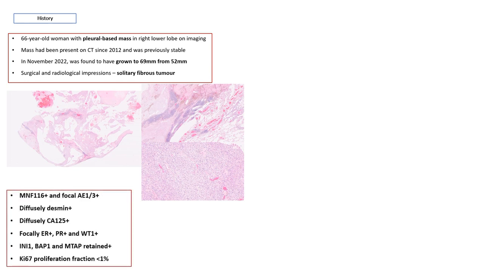A third case of a long-standing cystic mass in the pleura with spindled and epithelioid morphology and some clear cell changes. Positive staining for cytokeratins as well as WT1, but also weak hormone receptors and diffuse positivity for desmin.